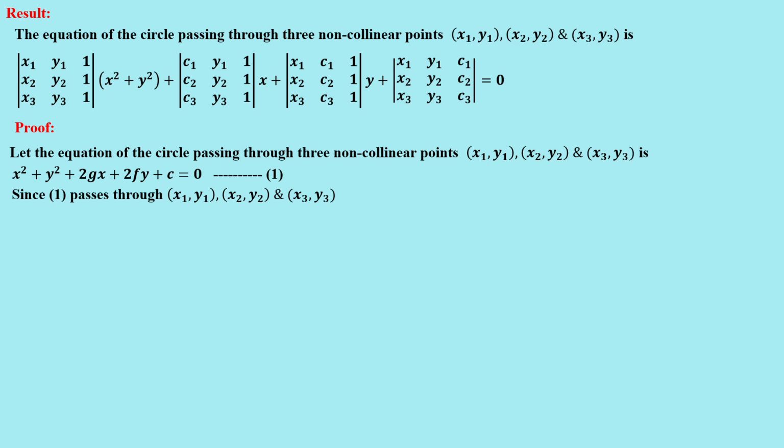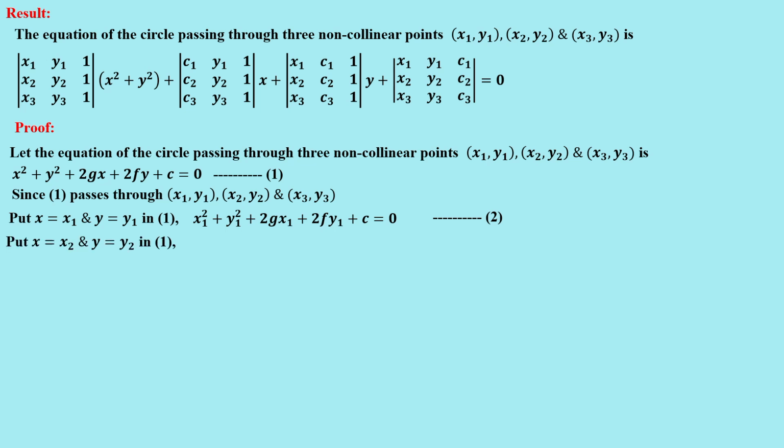Since 1 passes through (x1, y1), (x2, y2) and (x3, y3), these three points will satisfy equation 1. So put x equal to x1 and y equal to y1 in 1. You will get x1 square plus y1 square plus 2gx1 plus 2fy1 plus c equal to 0. That is equation number 2. Similarly, put the other points also.